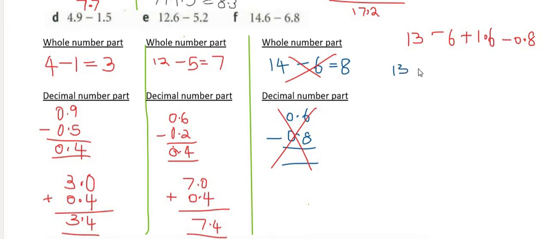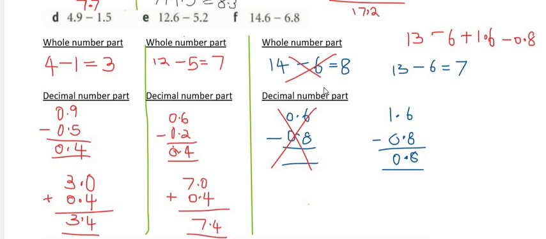For the decimal number part, we take 1.6, because the number you are going to subtract from should be a greater number, so we take 1.6 subtracted by 0.8. Now when we subtract, we get 0.8. We borrow 1 and subtract with the usual method.